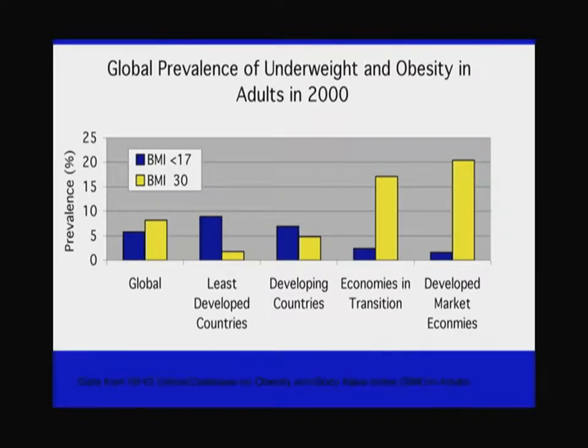And you can see, no surprise, that this trends based on development of the country. So in sub-Saharan Africa and other sections of Central and Southern Asia, and so on, there are still substantial populations of malnutrition. But as you move even into the developing countries and the transitional countries, you see obesity dominating compared to undernutrition.